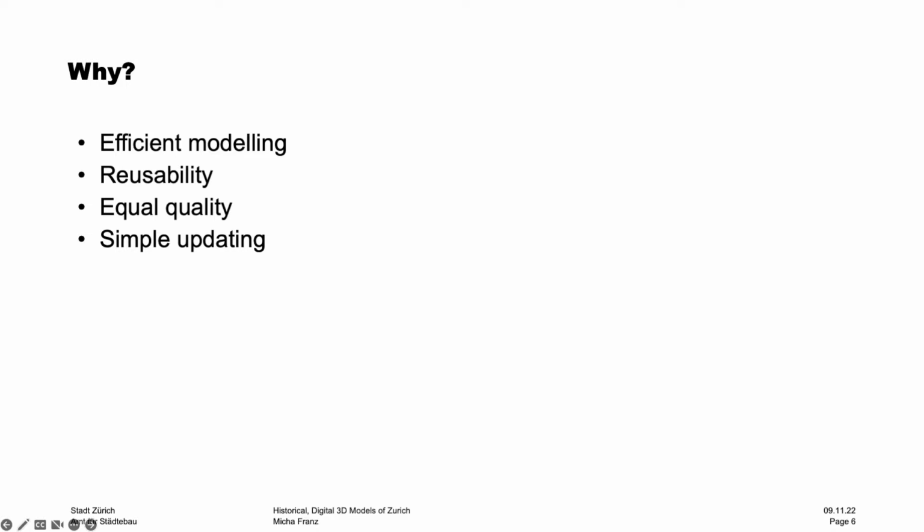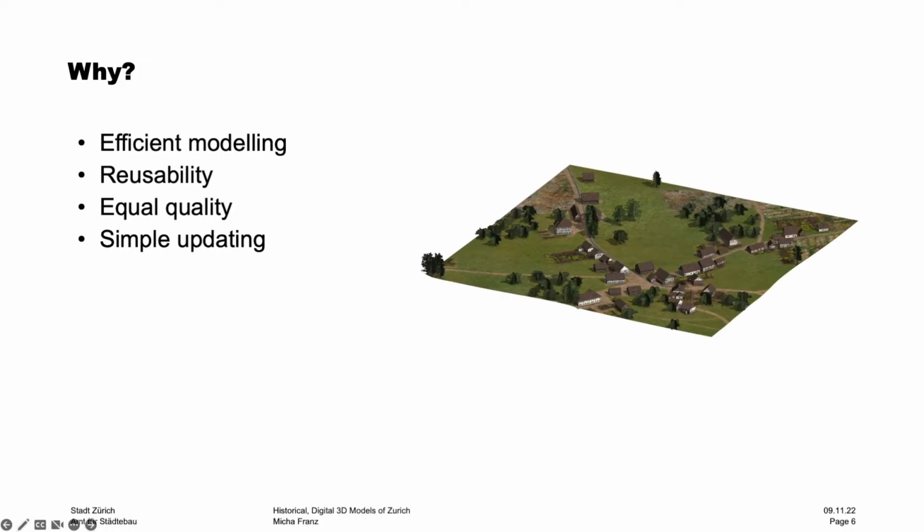And lastly, CityEngine allows us to update the model very easily if we have new findings, for example, new buildings or that a building looked different than we initially assumed.